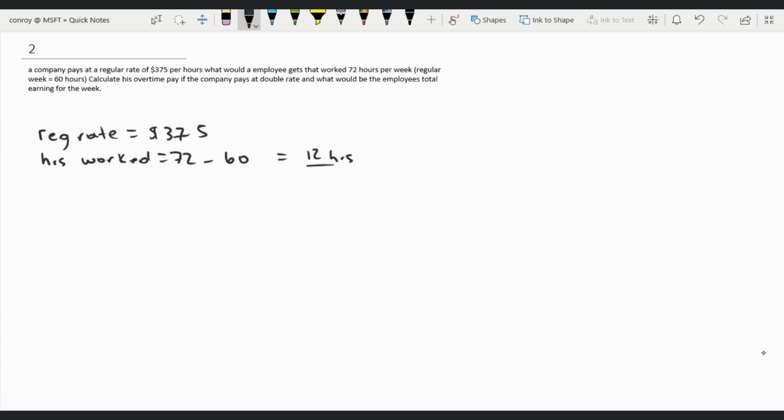This 12 hours would represent the number of overtime hours done, seeing that 60 hours would represent the regular hours. So regular hours equal to 60, sorry, and OT equal to 12. And we know OT is paid at double, so we can take times 2.